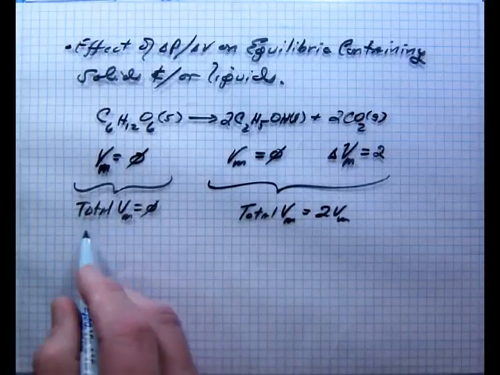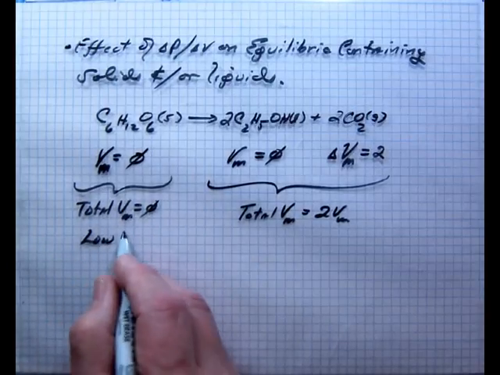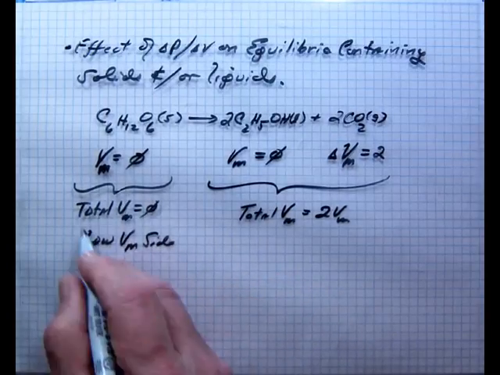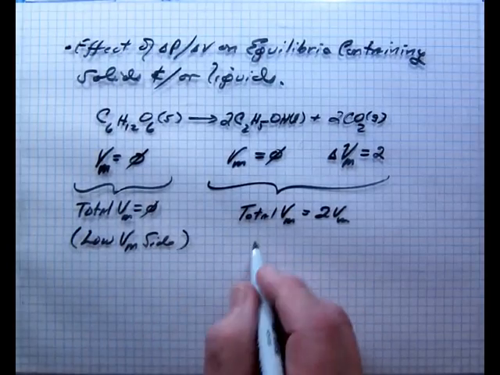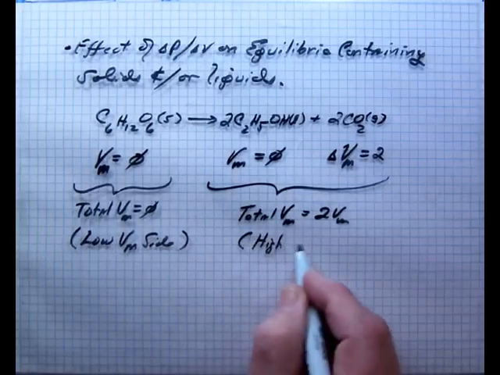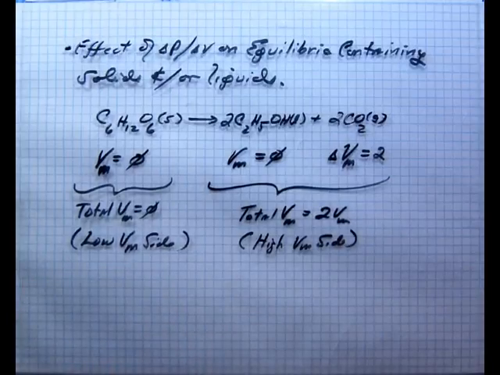We call this, for instructional purposes, the low Vm side, and the product side in this case, the high Vm side.